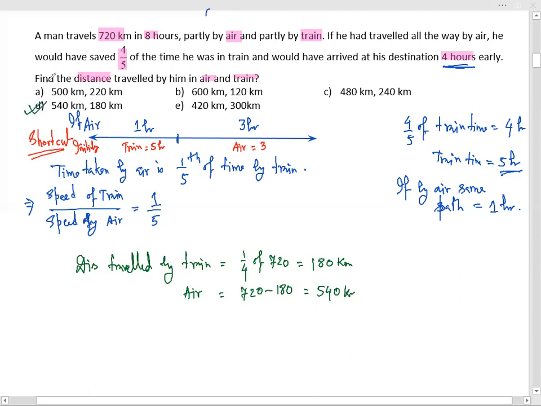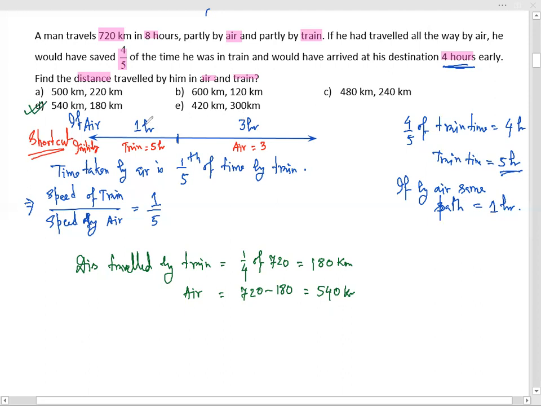So here the time saving leads to speed ratio, and that speed ratio as well as how much time saving is giving me the train's original time taken, and due to that the air's original time taken. And finally this entire path can be divided. If it is moving by air only, then it will take 1 plus 3, 4 hours.